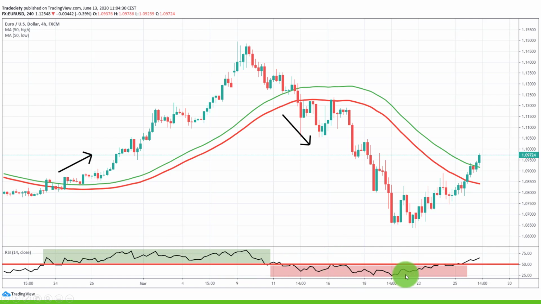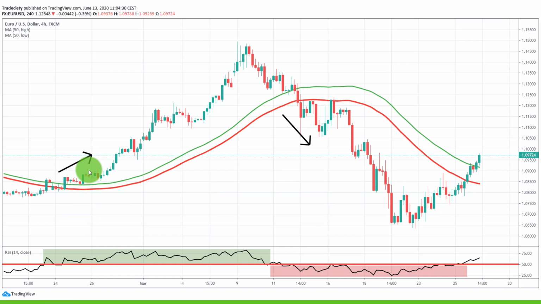When the RSI is below 50, you are in a bear market. I also added a moving average channel to your charts that helps you visualize the trend a little bit better. What you want is to get in as close to the market breaking above the moving average and also above the RSI level as possible to find new trend following trades.